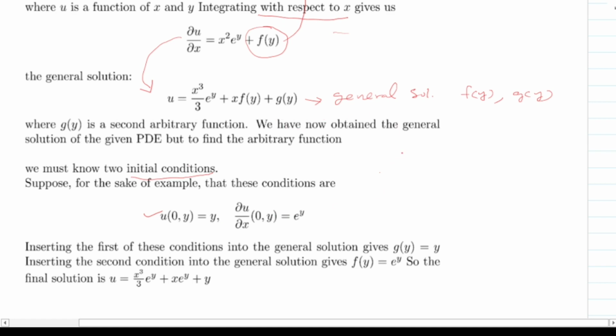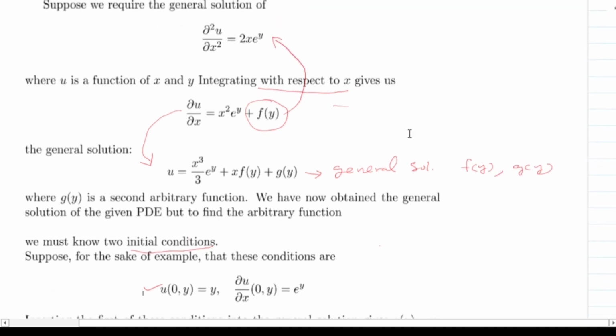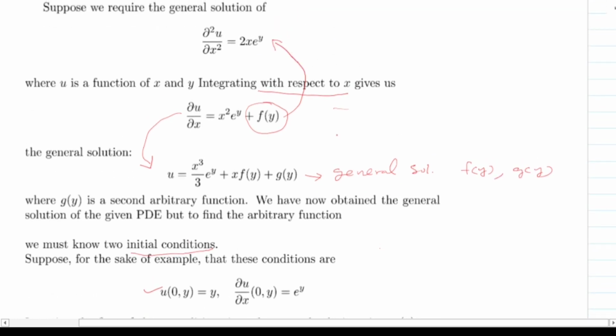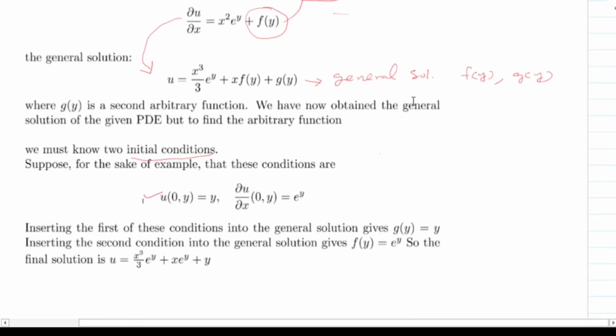Since the given partial differential equation has variables x and y, the resultant function consists of variables x and y. We call these initial conditions because we take x = 0 and find the status of the function.